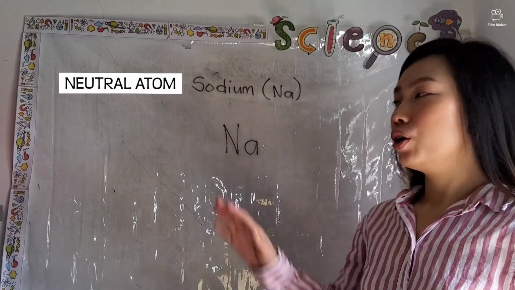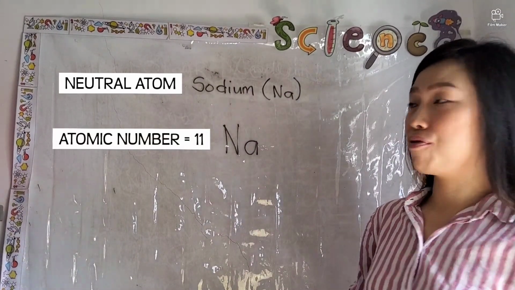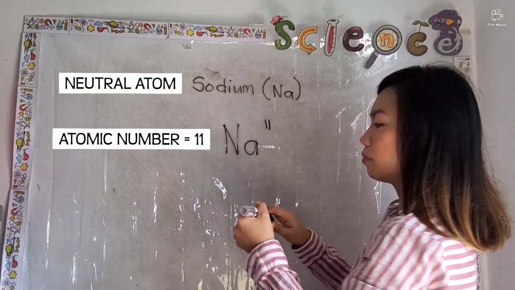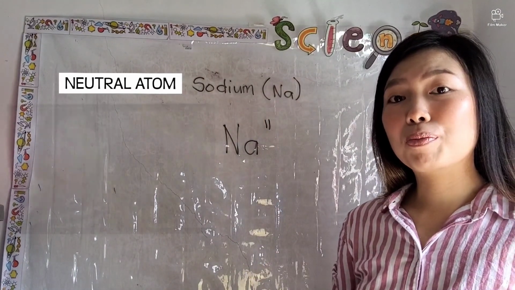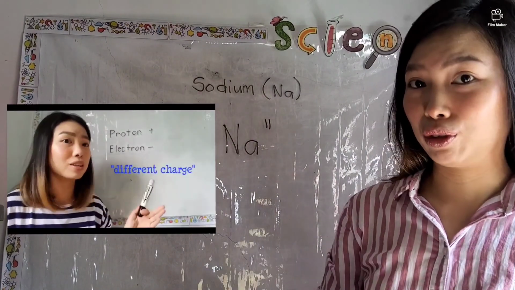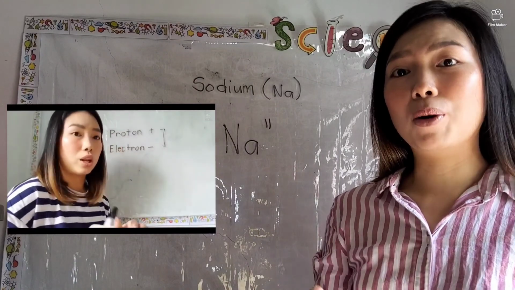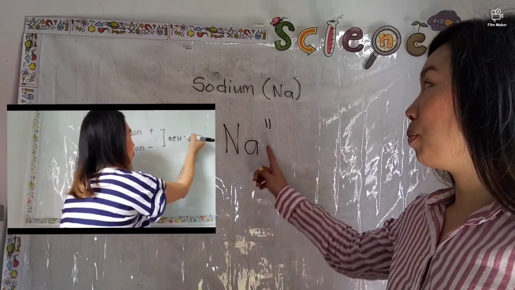Now, yung Na natin has an atomic number of 11. Nung tinuro ko sa inyo in the previous video lesson about finding the value of proton and value of electron, ang sabi ko sa discussion ko, nanggagaling ang number of proton and number of electron sa kanyang atomic number.